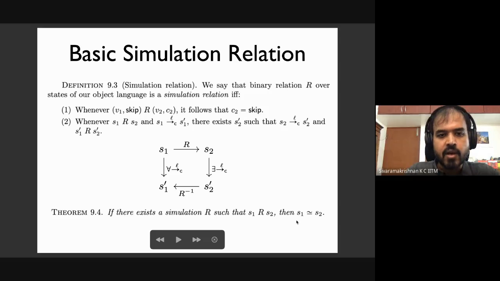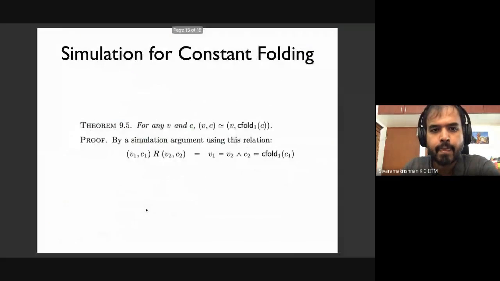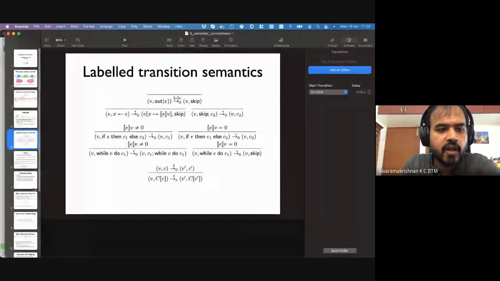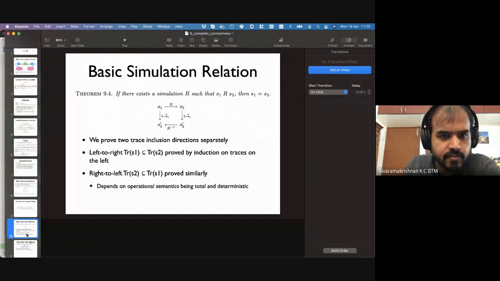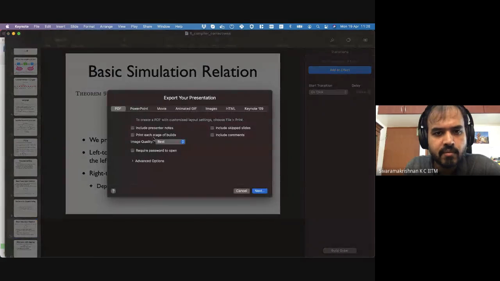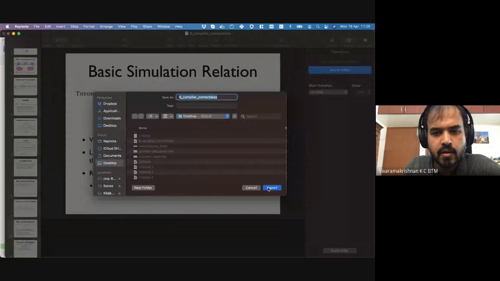So okay, this is what I'm going to do, and for this I think I have one more slide. No. Okay, I think I have it here. So for this, what I'm going to do is, yeah, this one. Just a second, I'll just export this to PDF. Fine.